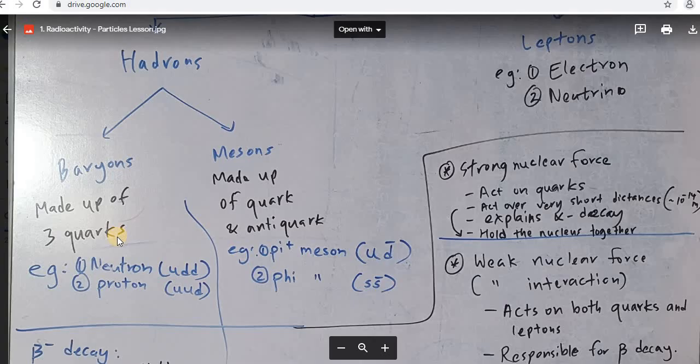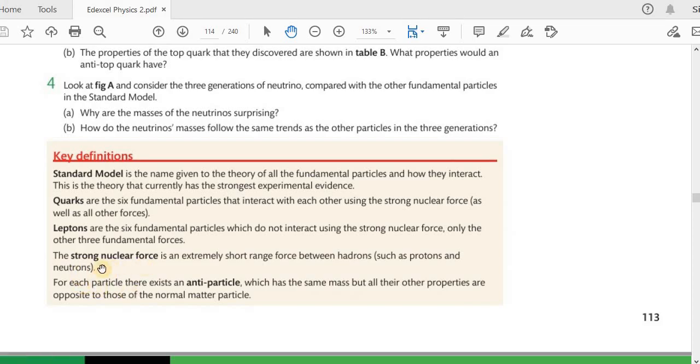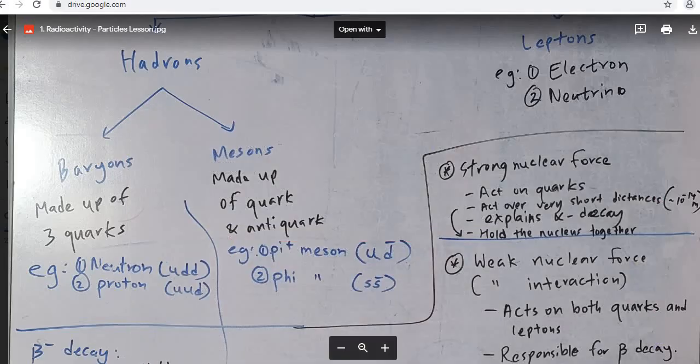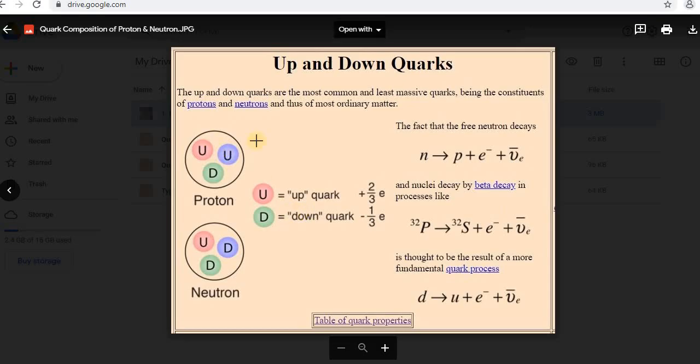So what is the force between quarks? It's the strong nuclear force. So strong nuclear force acts on quarks. So that's why this is mentioned. The strong nuclear force is an extremely short range force between hadrons such as protons and neutrons. Examples of hadrons are protons and neutrons. Why? Because protons and neutrons are baryons. Baryons are made up of 3 quarks. Again, in the note here I have shown you the proton and the neutron.